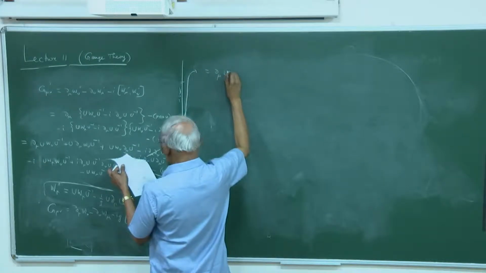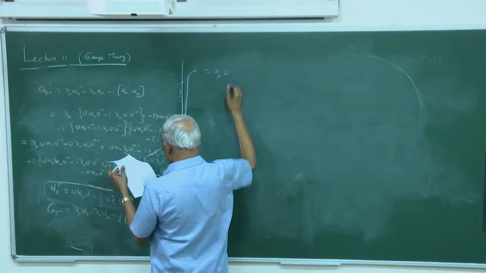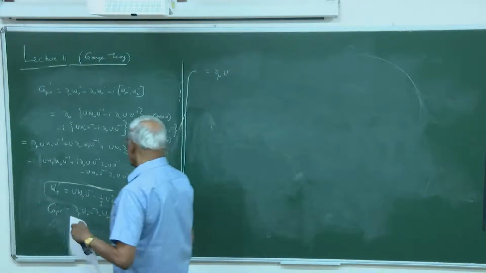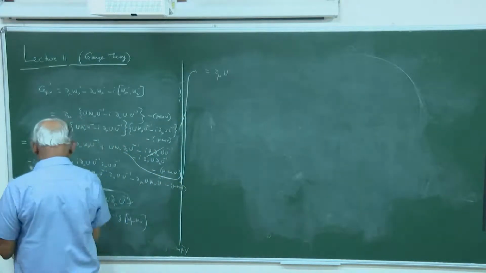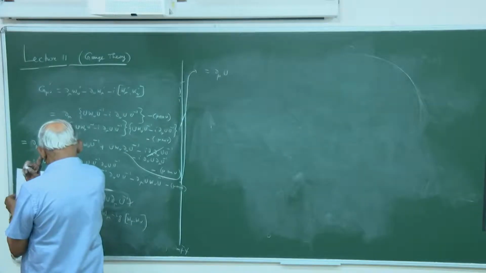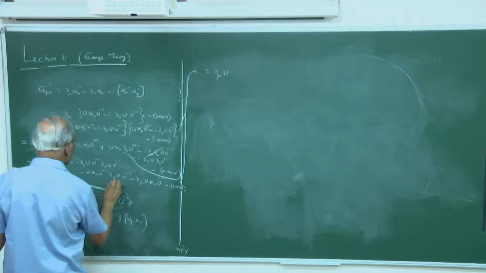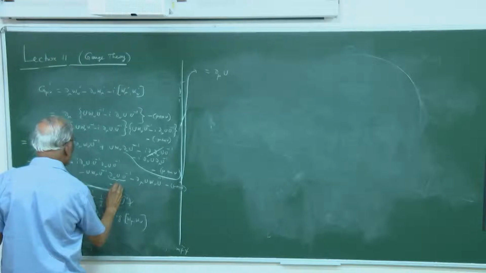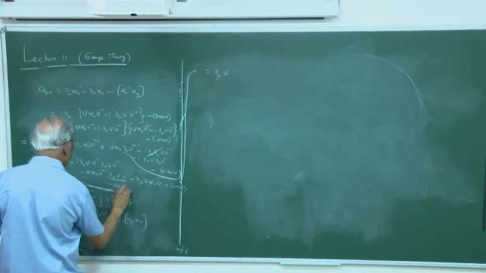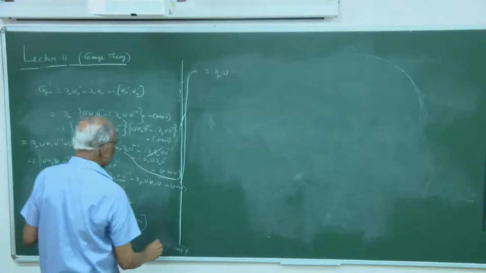d mu U. Oh, some simplification can be done here. d nu U into U inverse can be written as minus U into d nu U inverse. That is because of this kind of thing.